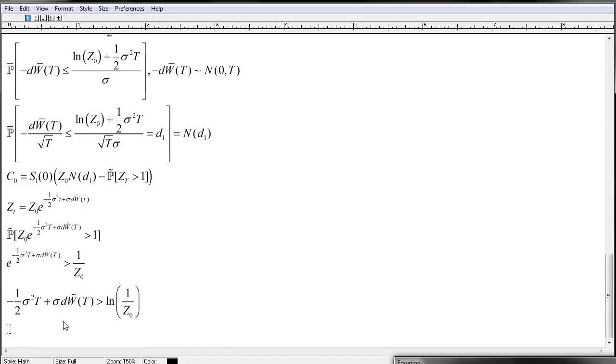So you regroup: on the left hand side we only keep this one, on the right hand side we keep the rest, and that's it.